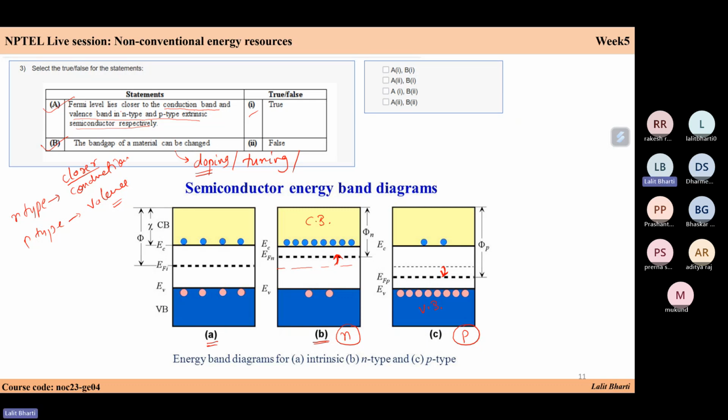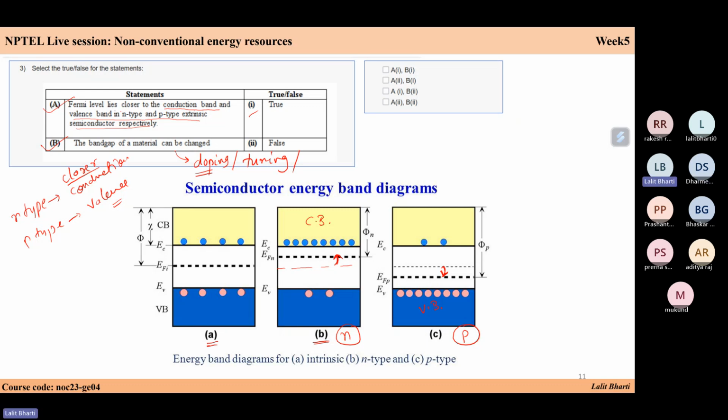So you try to replace your A with another element. By replacing, there is structural deformation, so your structure will change. You will have some strain, some stress, and your interatomic distance will change. Due to that, your band gap will change. So we cannot say that band gap cannot be changed.